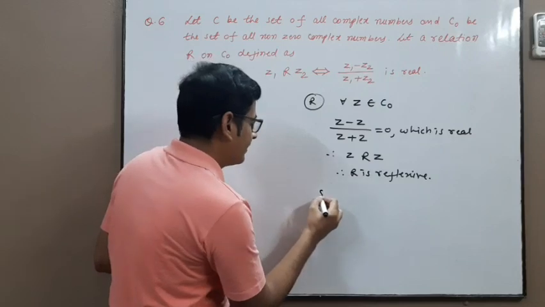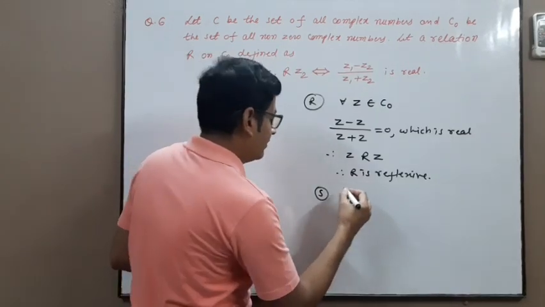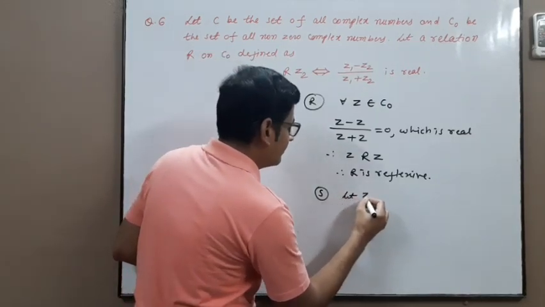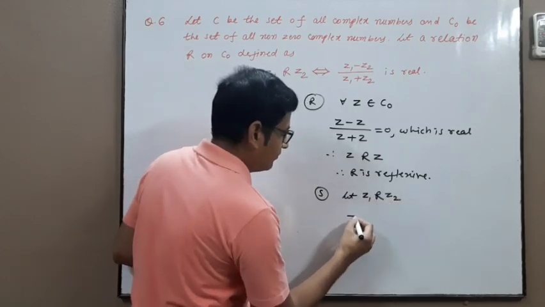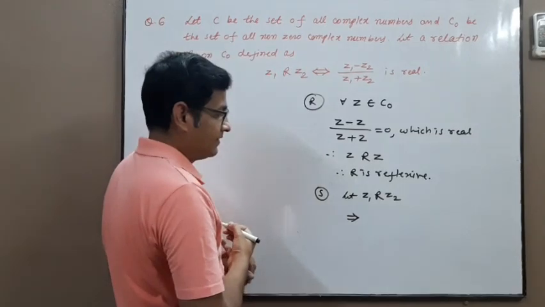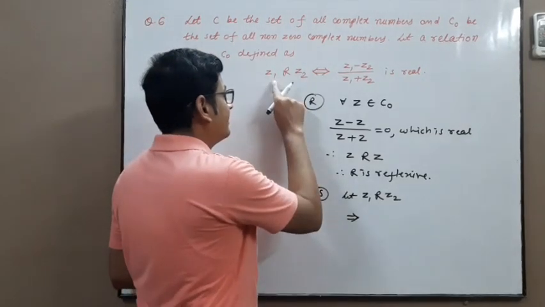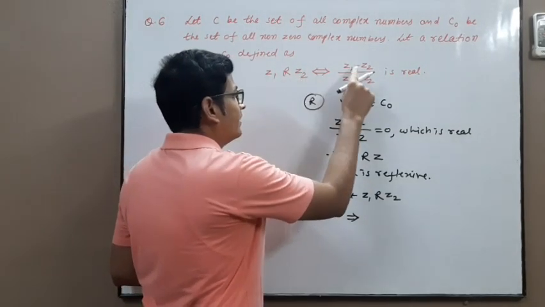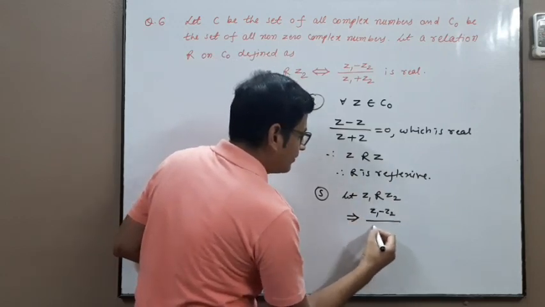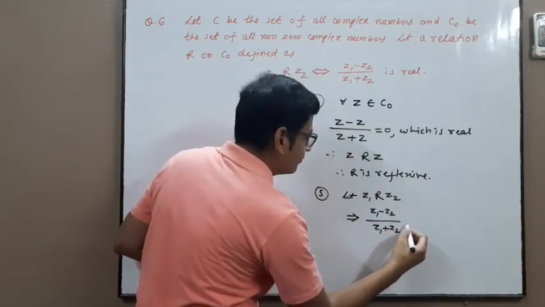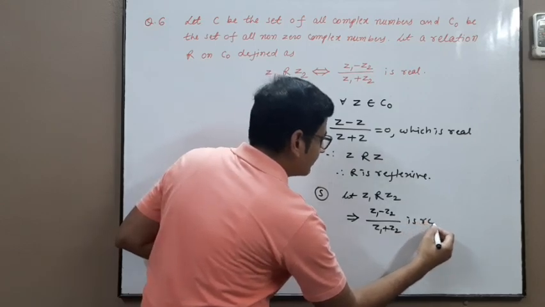Now for symmetric, let Z1 be related to Z2. By definition, if Z1 is related to Z2, then (Z1 - Z2)/(Z1 + Z2) is real.